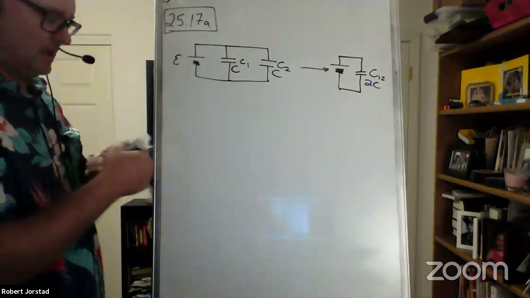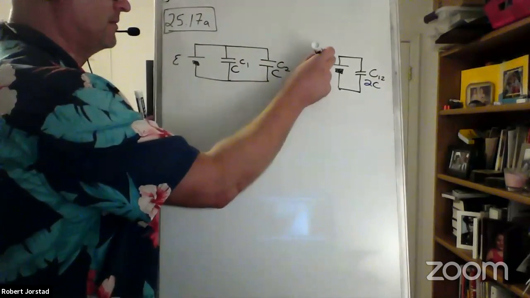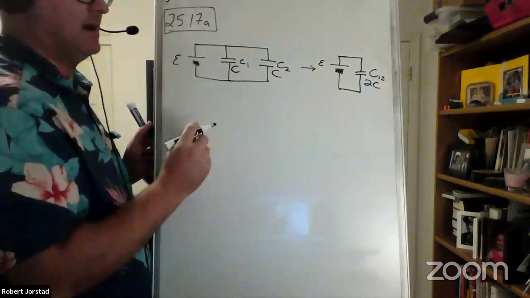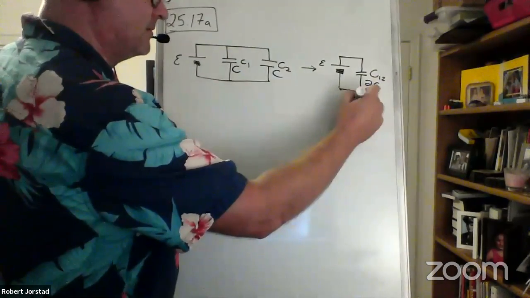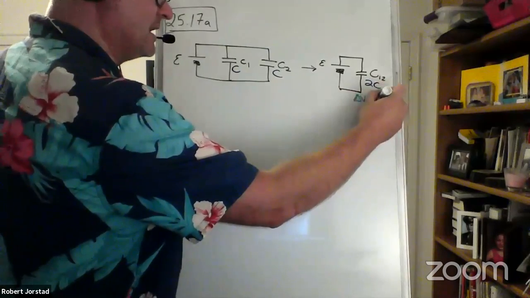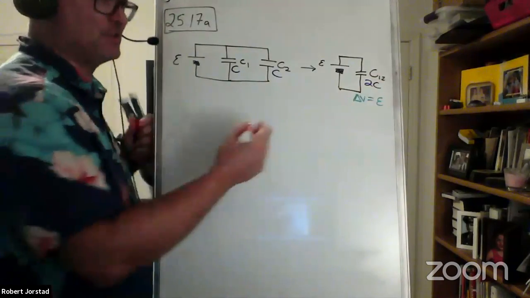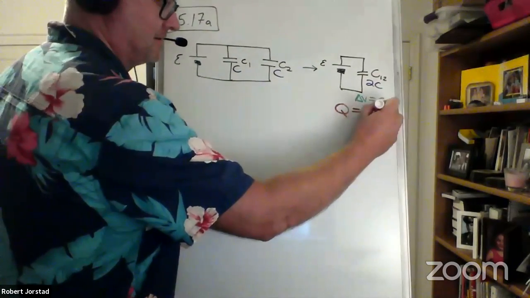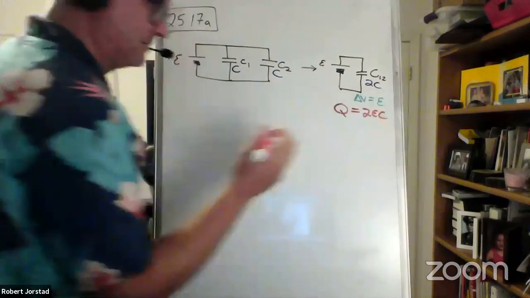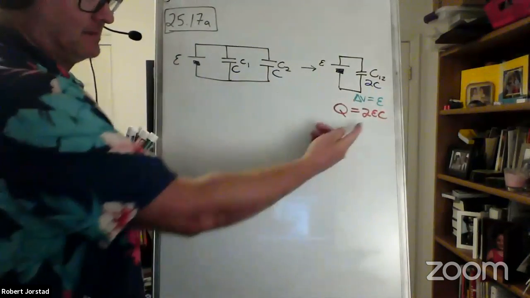Now, we know the voltage across this one here would be E. And the charge, it's almost 2EC. No, it is 2EC. I don't get tired of that joke. All right, so it's just 2EC.